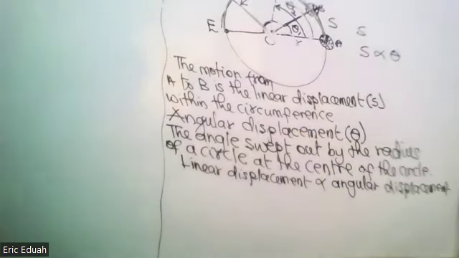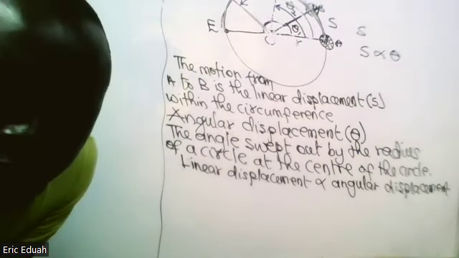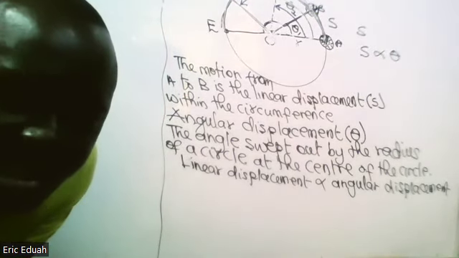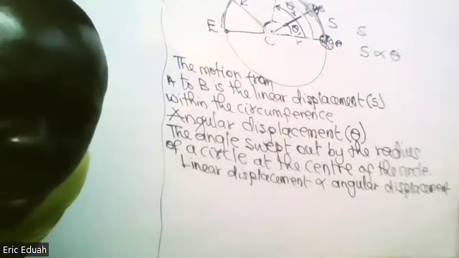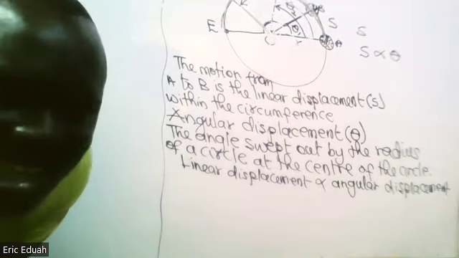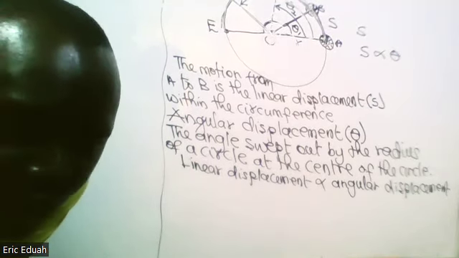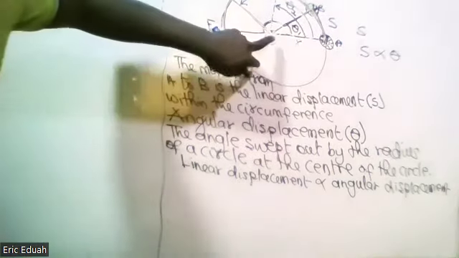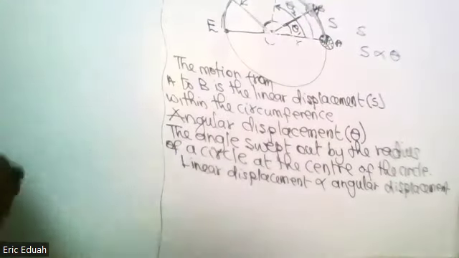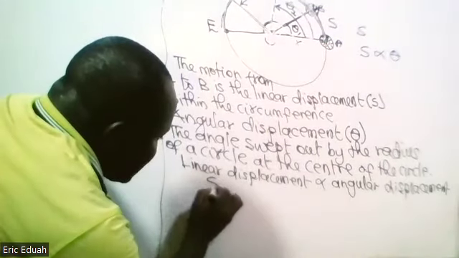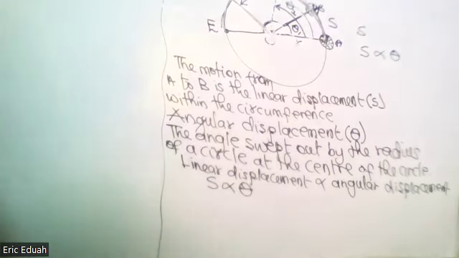Note that all linear quantities occur within the circumference, whereas all angular quantities occur at the center or the axis of the circle, or axis of rotation. So we are measuring angular displacement from the center, linear displacement from the circumference. So S is directly proportional to theta.